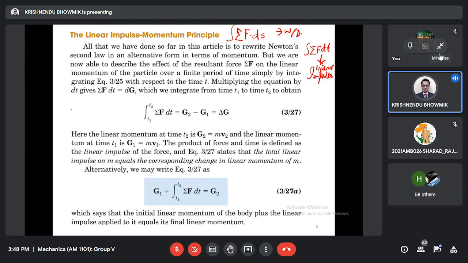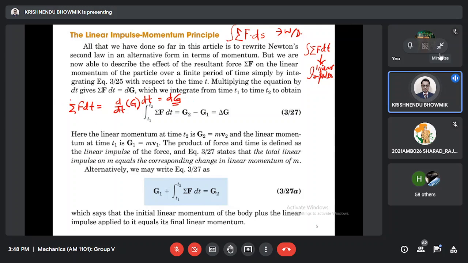Now if I write summation F dt, what we learned before is that summation F was d/dt of G. Here it is multiplied by dt, so this is dG, just the change in momentum.